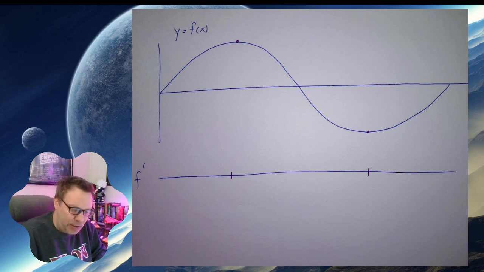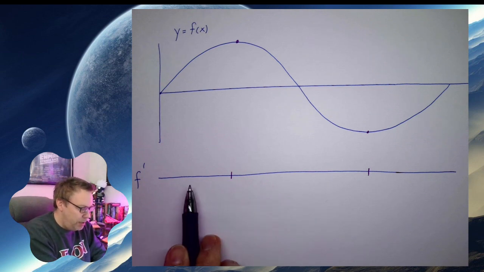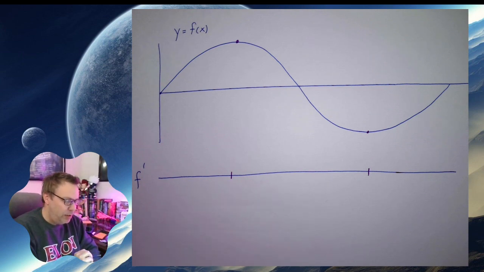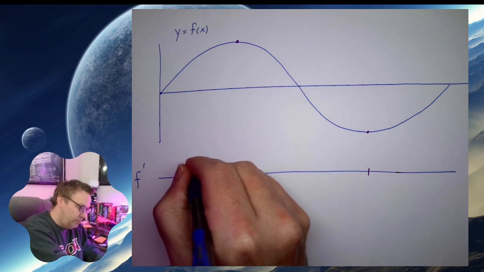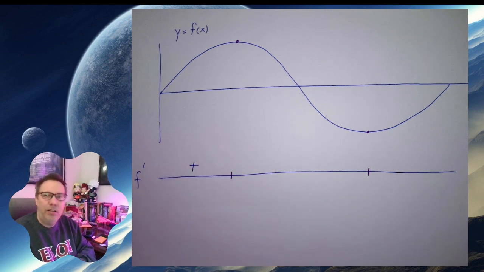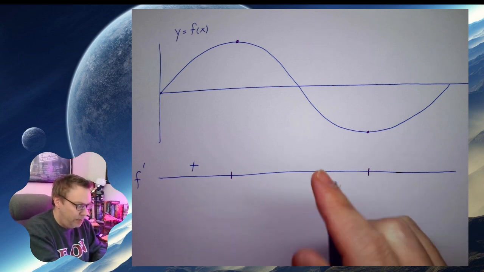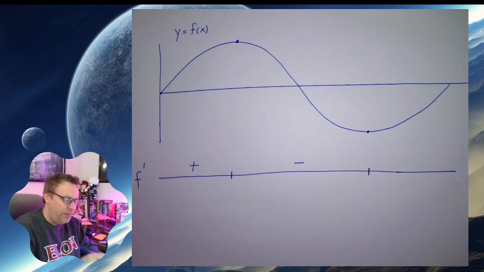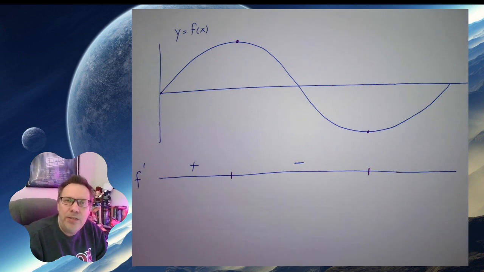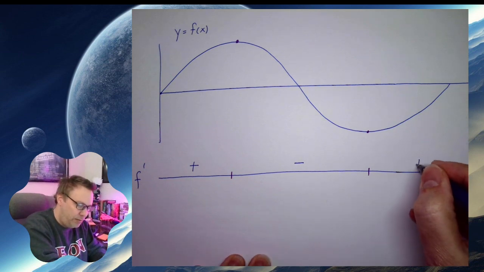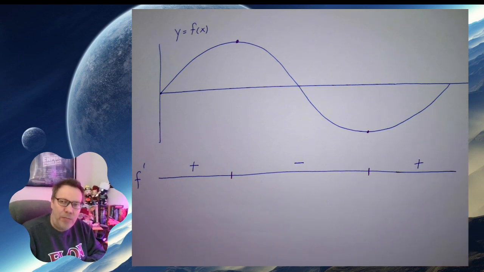Now I want to label this. In this particular region, the function f is increasing. That tells me the first derivative is positive. In this region, the first derivative is negative. Well, f is decreasing in that region. In this region, f prime is positive.